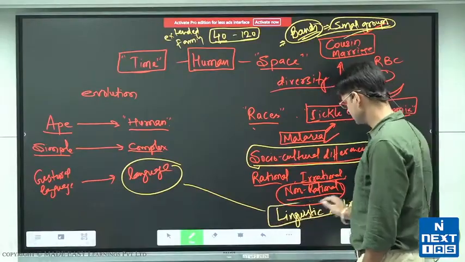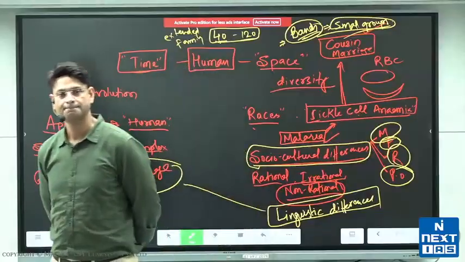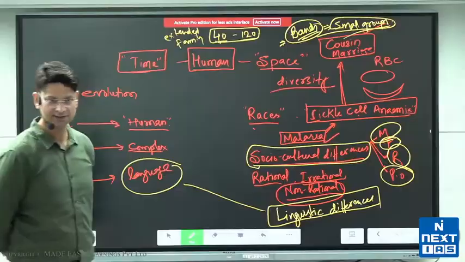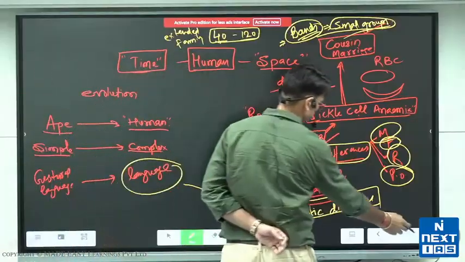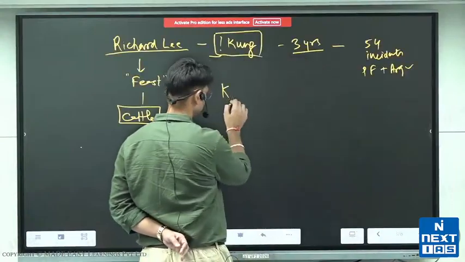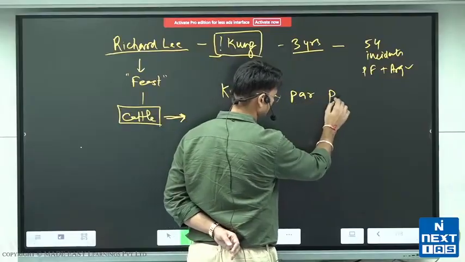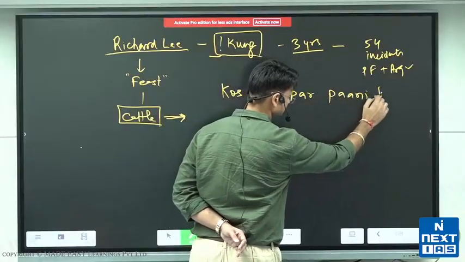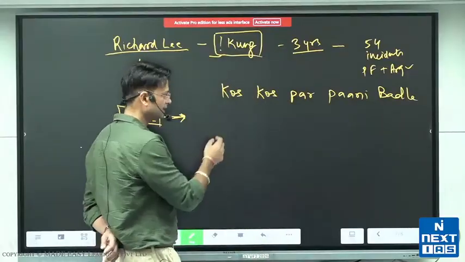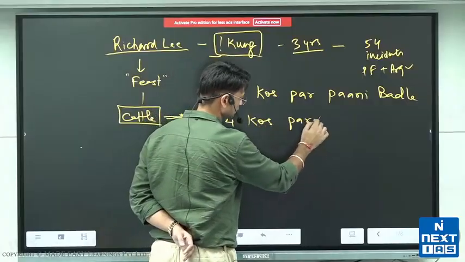In Rajasthan, there is a saying, कोस कोस पर पानी बदले, चार कोस पर वानी. Have you heard this? कोस कोस पर पानी बदले, चार कोस पर वानी.